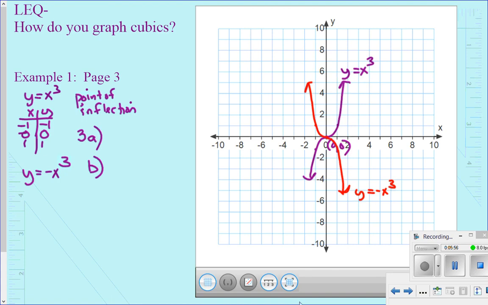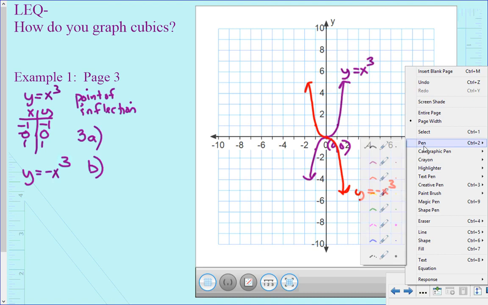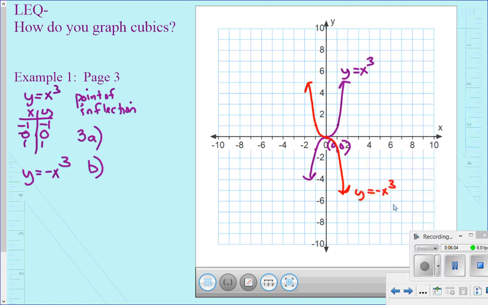So add those two graphs to your graph. So I'm going to make first a vertically stretched graph. So it still has that same point of inflection, but vertically stretched, it's going to be skinnier or closer to the y-axis.